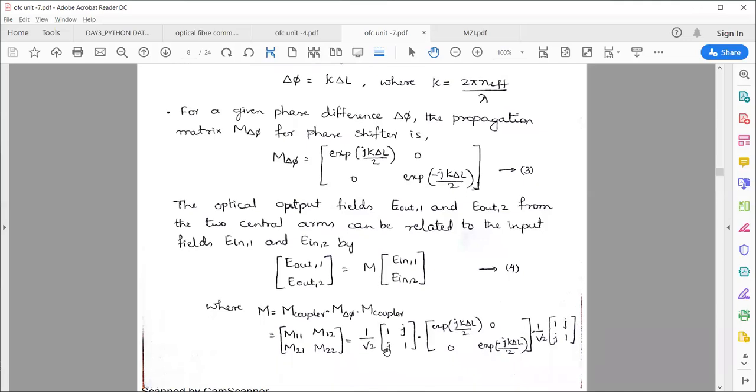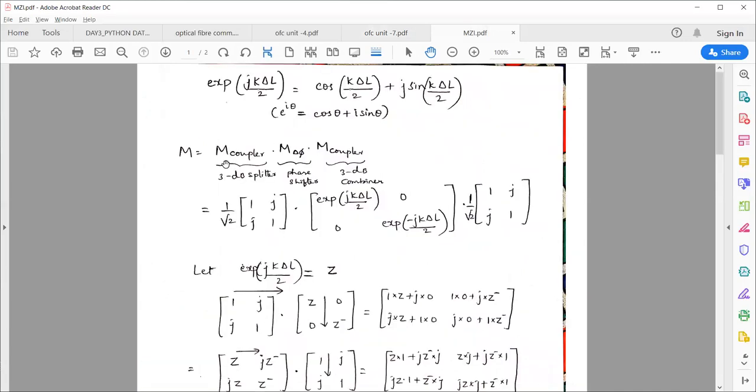So capital M is a matrix multiplication of splitter, phase shifter, and combiner. You can see here M is coupler, 3dB splitter, phase shifter, and 3dB combiner. It should be in the same order as it is mentioned here.